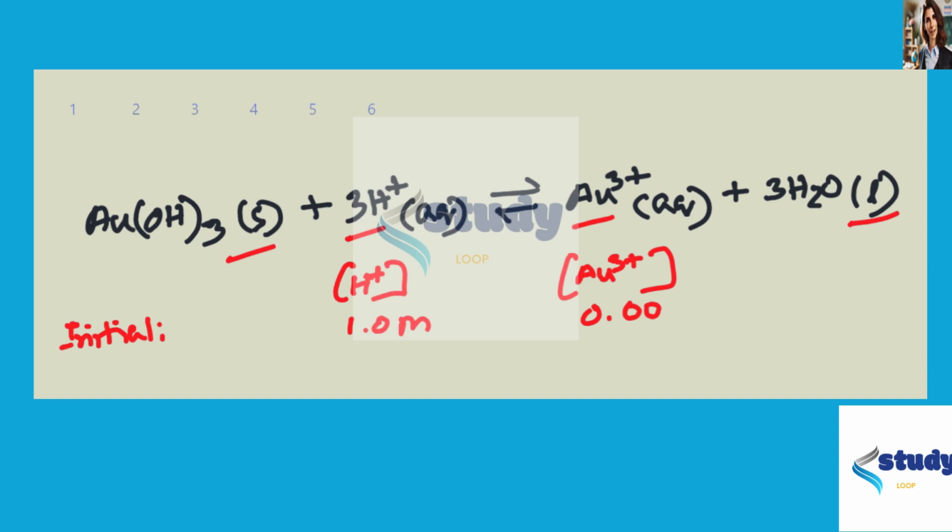If we consider the solubility of Au3+ in HNO3 as S, then the change in concentration will be plus S. And since we have 3 hydrogen here, the change in the H+ concentration will be minus 3S. That means in the end, we will have 1 minus 3S as the H+ concentration and S as the Au3+ concentration.